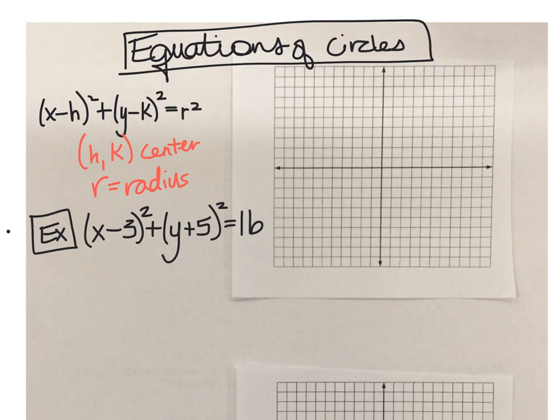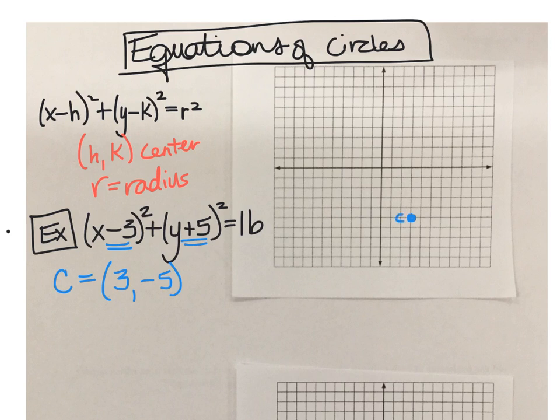Okay, so I'm just going to show you one quick example, and we can talk more about this tomorrow. The center is going to come from inside these parentheses, and it's opposite of what it looks like. So that's not really a -3, it's a +3. It's not a +5, it's a -5. So the center of this circle would be at (3, -5). Okay, that's the center.